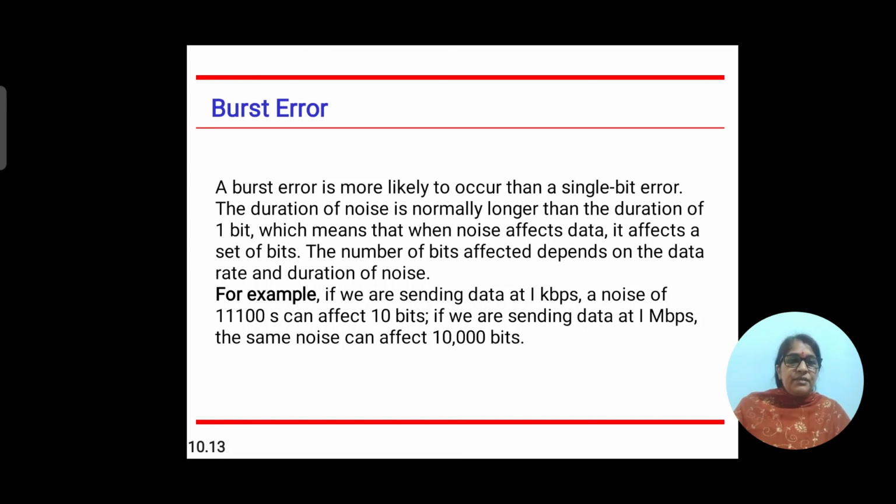For example, if we are sending data at 1 kilobit per second, a noise of 1/100 second can affect 10 bits. If we are sending data at 1 megabit per second, then the same noise can affect 10,000 bits.